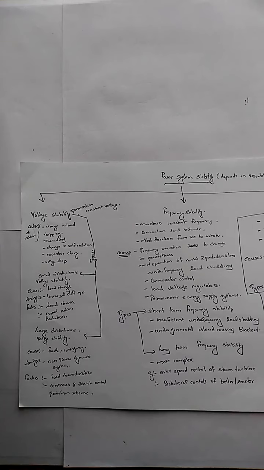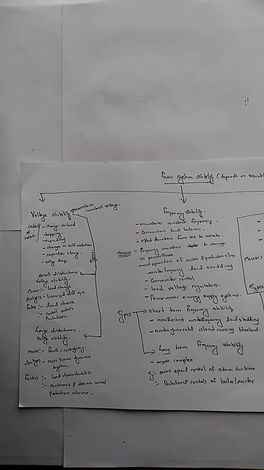Okay, and then we went to the types of power system stability. The first thing we came to know was voltage stability, that is, to maintain a steady voltage we have to keep the generation and load balanced.